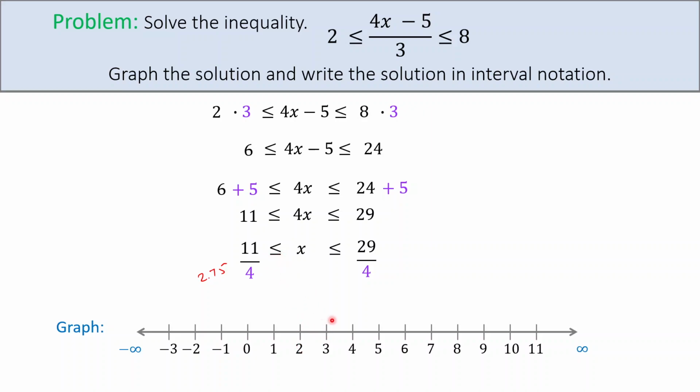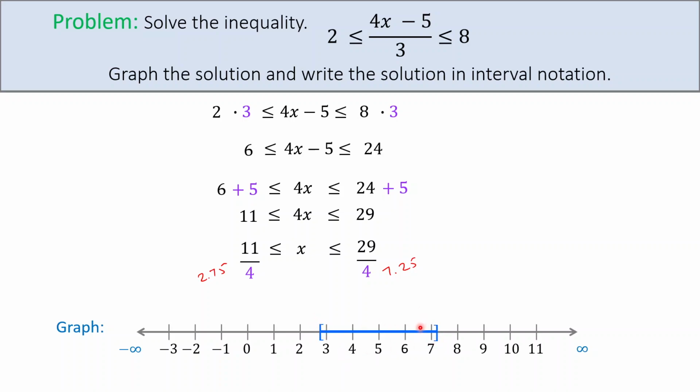There is an equal sign, so you need to put a filled circle. Now here 29 divided by 4. This is 7.25. That is somewhere here. You have an equal sign, so put a filled circle. Now draw a line from here to here. So you can put a filled circle or bracket.